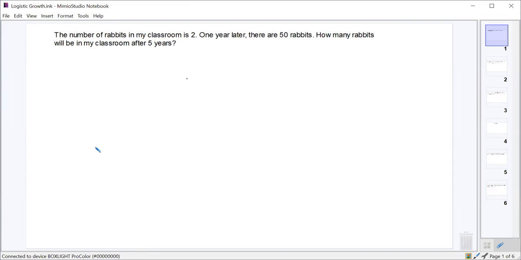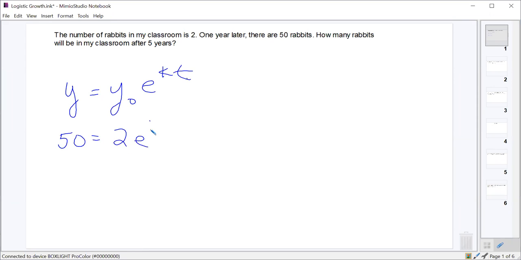How many rabbits do I have after 5 years? Using exponential growth, the formula should be y equals y naught e to the kt, right? And we know that after 1 year, we went from 2 rabbits to 50 rabbits.